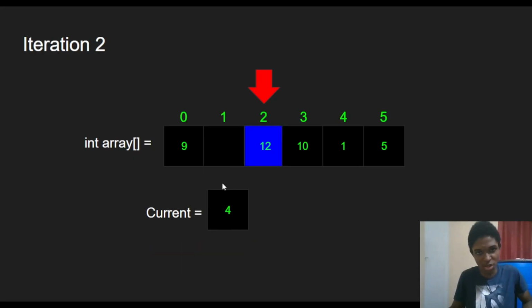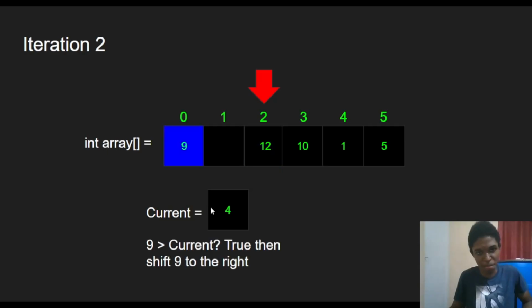So now guys, we have one more value remaining on the left-hand side of our array. So we'll compare 9 with our current value 4. Is 9 greater than our current? True. So we'll shift 9 to the right since it is greater than our current.